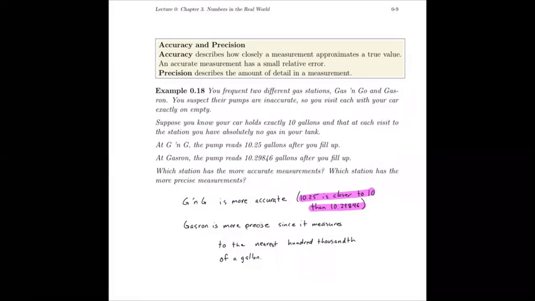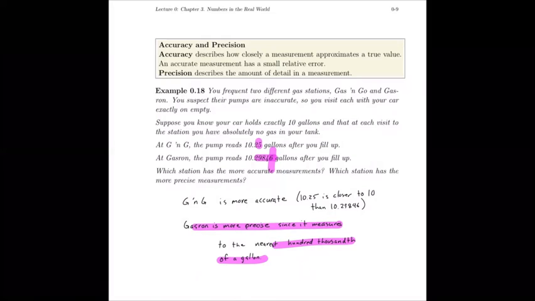At the other gas station, Gasron, that one ends up being more precise because it's measuring out to 5 decimal places. That's to the nearest 100,000th of a gallon. That's extremely precise, whereas Gas and Go is measuring to the nearest 100th of a gallon.